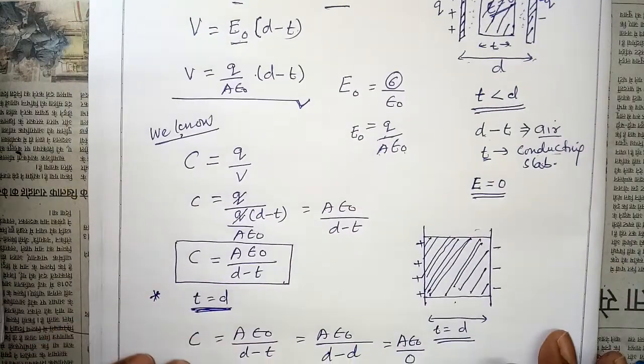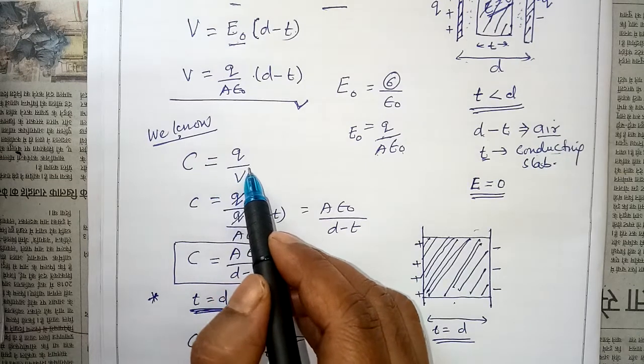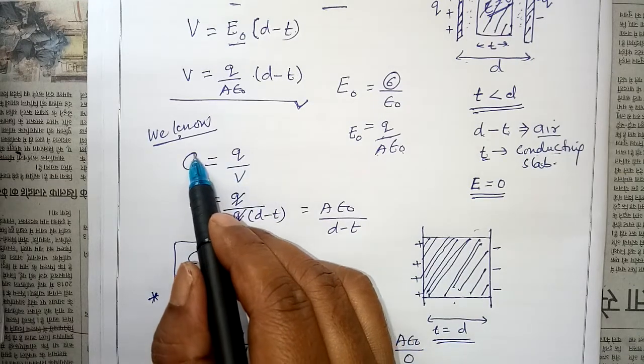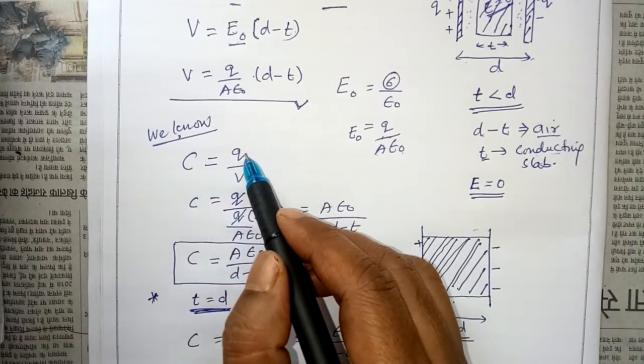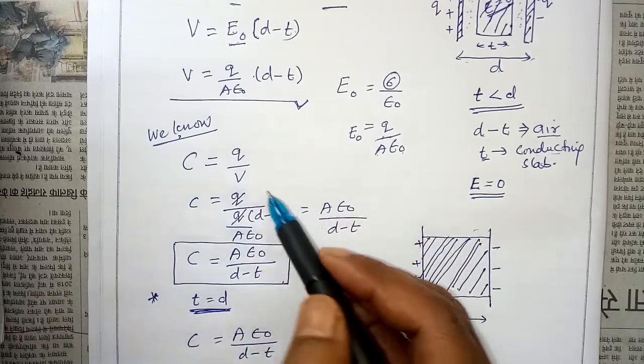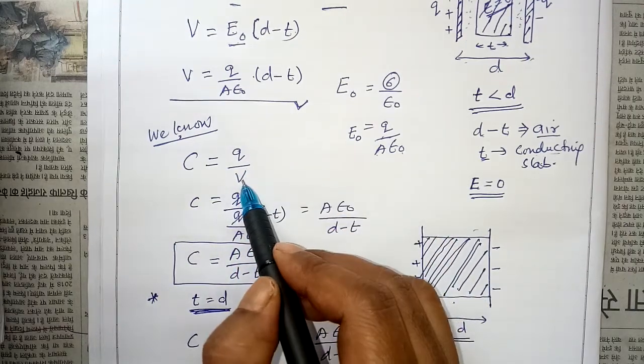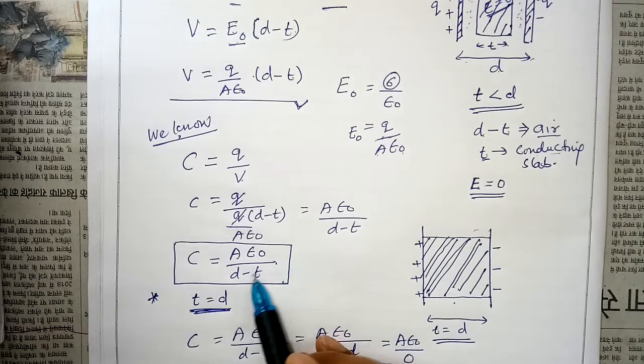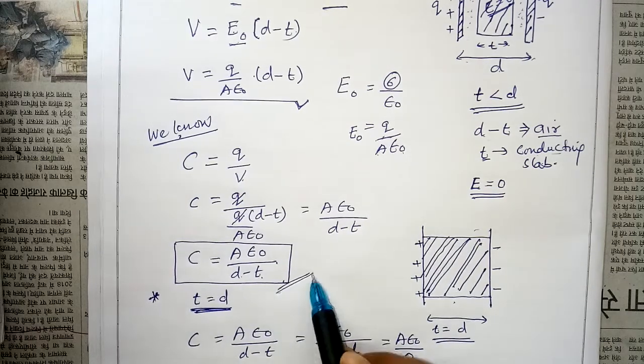Now we need to find the capacitance of the capacitor, which is given by Q by V. Substituting the value of V from the above expression, we get A epsilon naught by D minus T, which is the final expression.